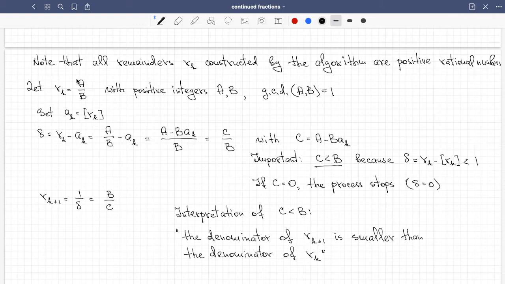Remember, we wrote this in reduced terms, in lowest terms. So the greatest common divisor of A and B is 1.